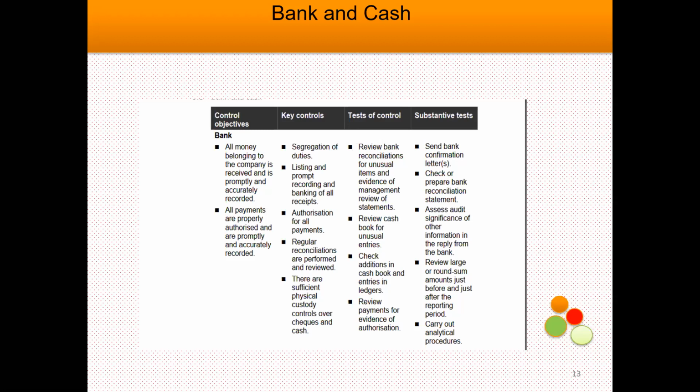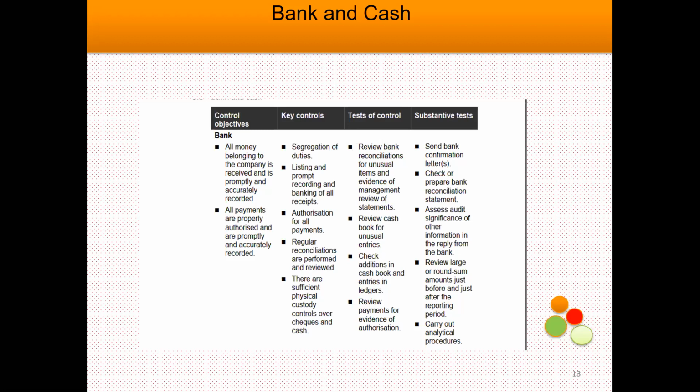Then when you move on to test of control, bank reconciliation is key here. You review bank reconciliation. It's also key in substantive test. Review the cash book. All those things are important.